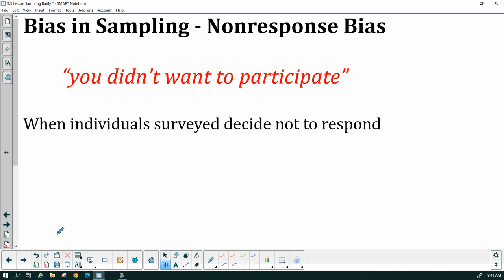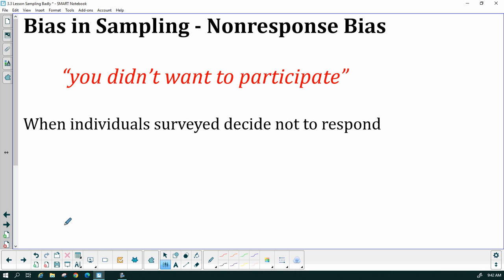And then we might have a non-response bias. It's very similar to undercoverage. It's very easy to get these confused, but undercoverage is we couldn't reach you. Non-response is you reached me and I just don't want to participate. I get an email with a survey from the county and I decide I really just don't want to participate. So they reached me.